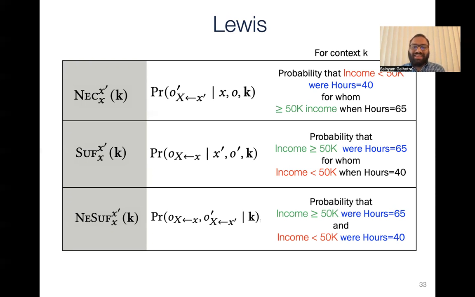Third, the necessity and sufficiency score calculates the probability that improving the attribute value leads to a favorable outcome and reducing it leads to an unfavorable outcome. These scores are calculated for varying context values, denoted by K, to generate explanations at global levels, which is the whole dataset or the whole population level, or local levels, which is the individual level or subpopulation level, like younger individuals or specific subcommunities defined by gender, race, and so on.